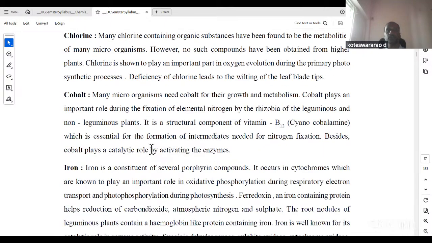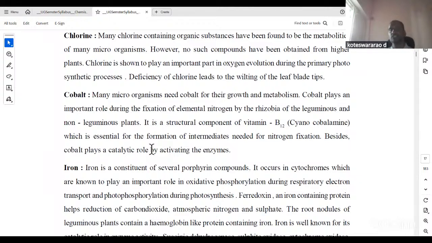Next, cobalt. Cobalt is also a micronutrient. It is found in many microorganisms, where it participates in growth and metabolism. Cobalt plays an important role in the fixation of nitrogen by the rhizobia of leguminous and non-leguminous plants.